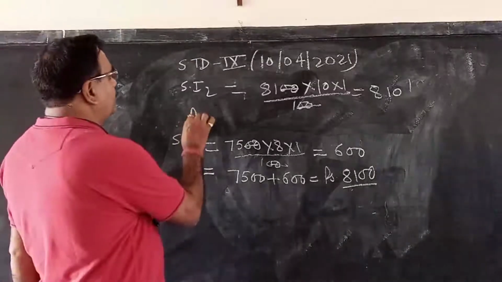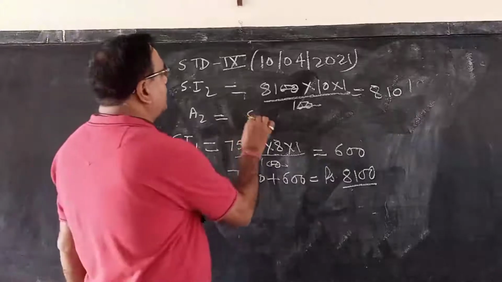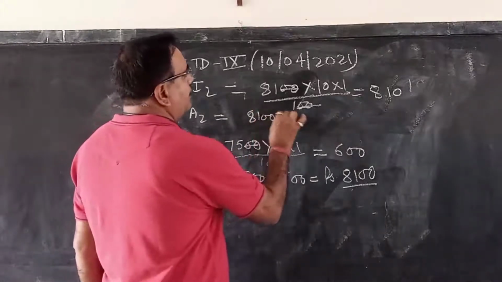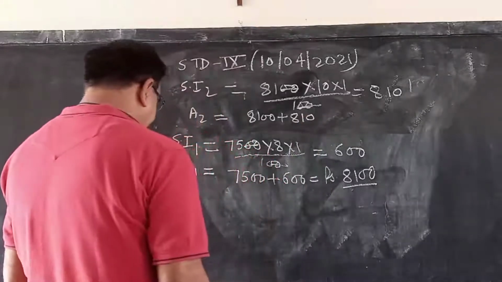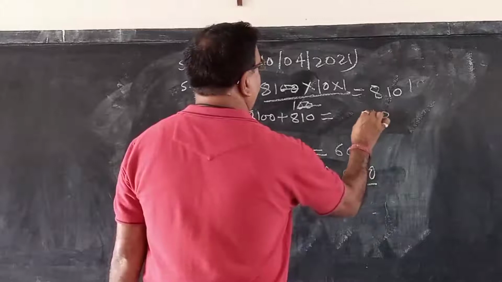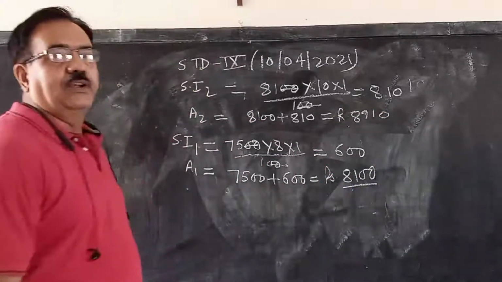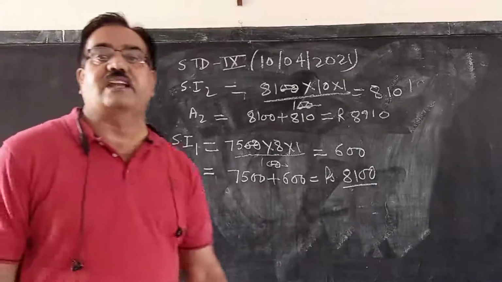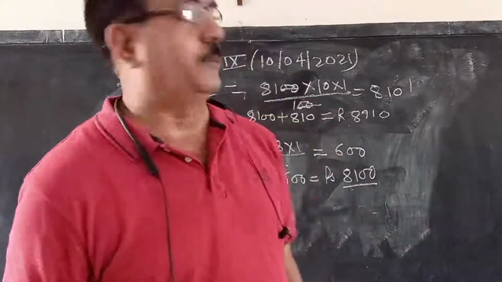So what is the amount? Amount for the second year: 8100 is the principal plus 810 is the interest. So this is equal to 8910. 8910 is the amount of the second year, where the rate for different years is given differently.